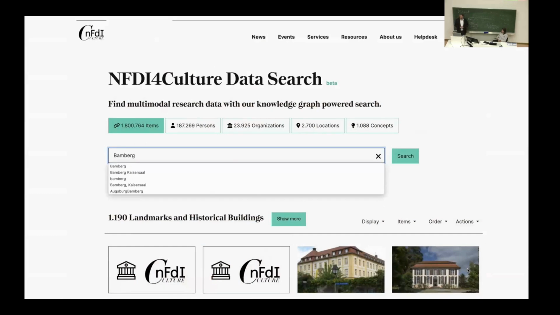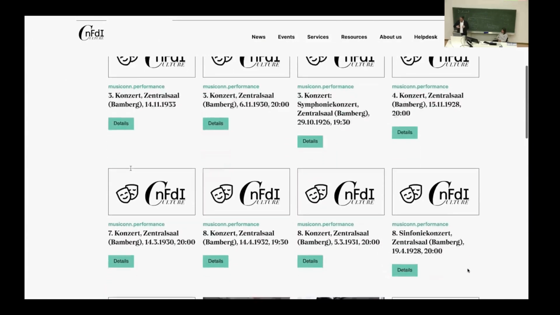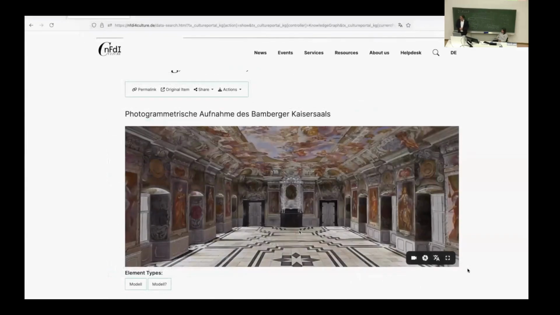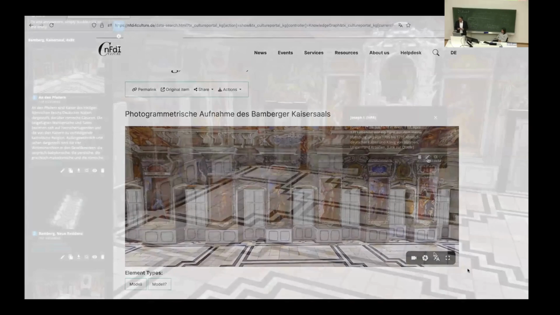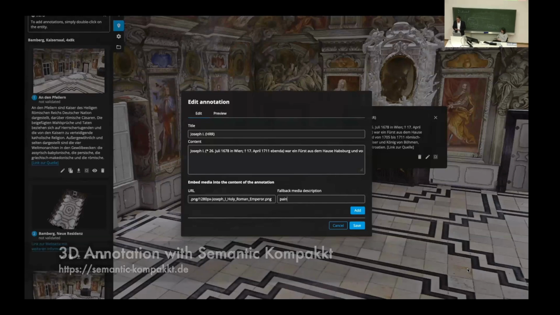Once you use the NFDI4Culture data search and use Bamberg, you will not only get that, but from the location, you will also get events and also directly 3D data. So we also collect data, and you can annotate this data directly with tools of the consortium for your personal research, like you see right here.